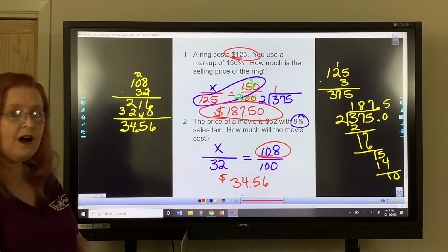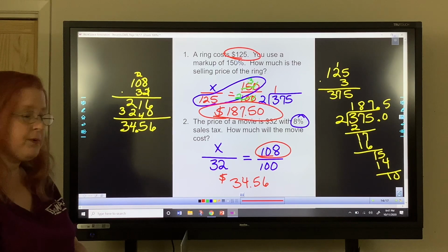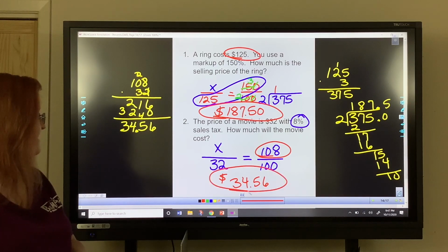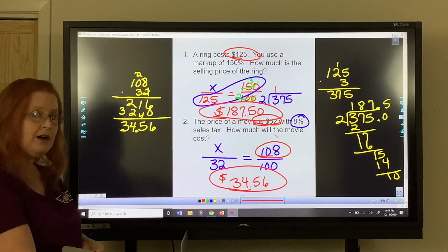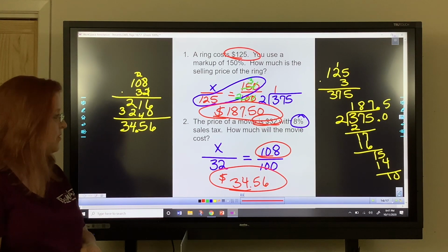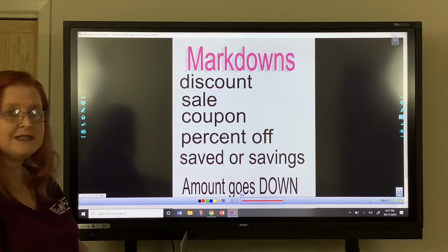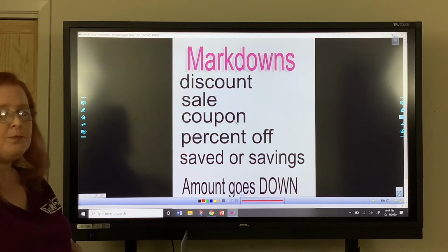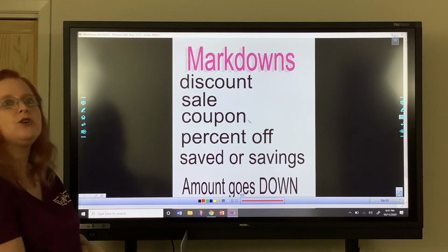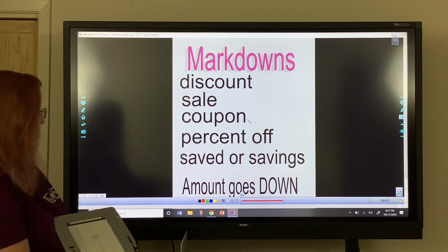Our answer is not going to be less on a markup. 34.56 is higher than our $32. It went up. So with a markdown, your answers are going to go down. They're going to decrease. And usually if you have a coupon, you're trying to save money anyway. You want your price to go down. Okay?